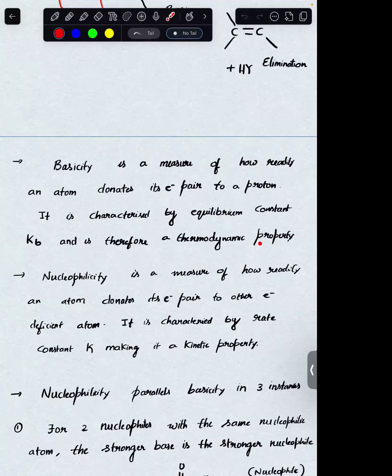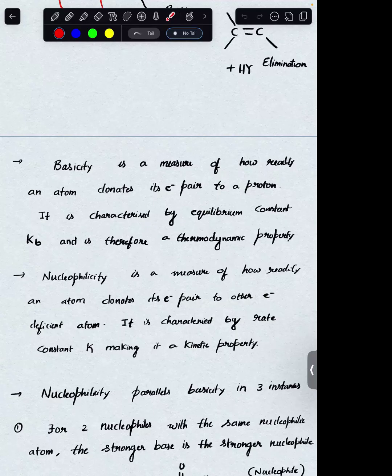All acid-base reactions are equilibrium reactions, everyone. Whenever you have a weak acid, weak base reaction, it is an equilibrium reaction because on the left, if you have an acid, on the right you will have a conjugate base, and on the left, if you have a base, on the right you have a conjugate acid.